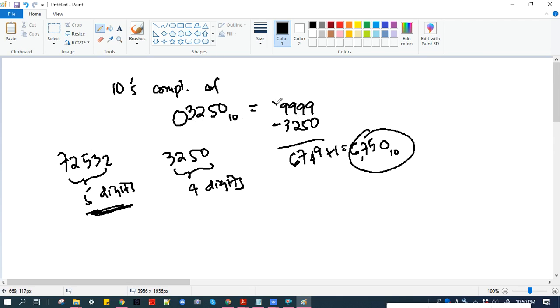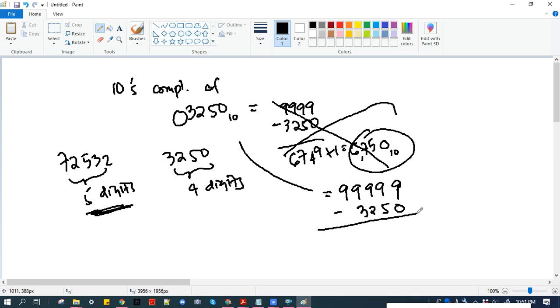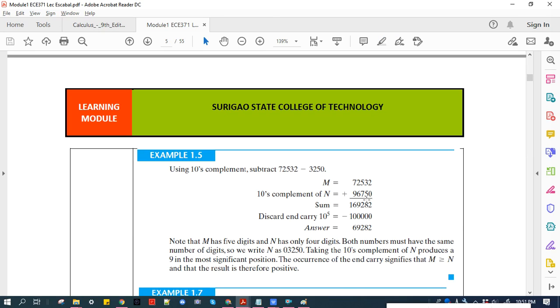So this is wrong. In solving the tens complement, it should be 99999, it should have 5 digits, minus 03250. That gives 96749, plus 1, so 96750.